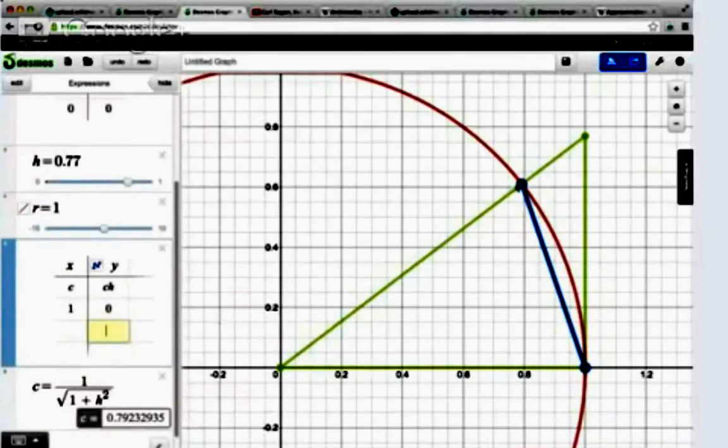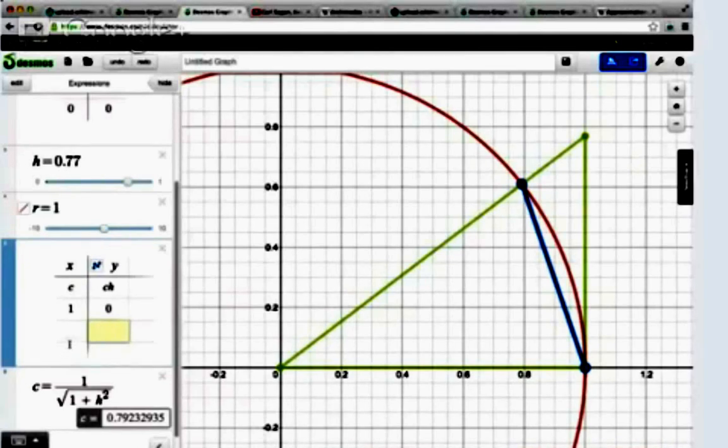So the slope of this line is h over 1, which is h. To find points on the line, we just multiply, y equals mx. We don't have a b, so our slope is h, and our x value is c. So all points on this line will be of the form c comma ch.